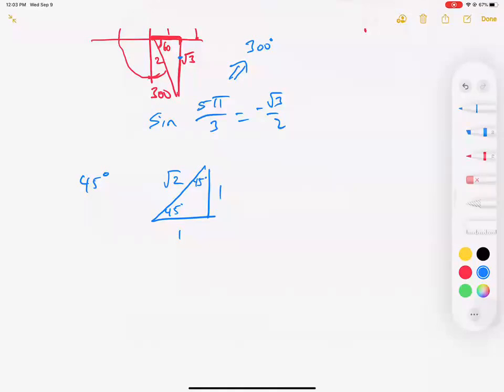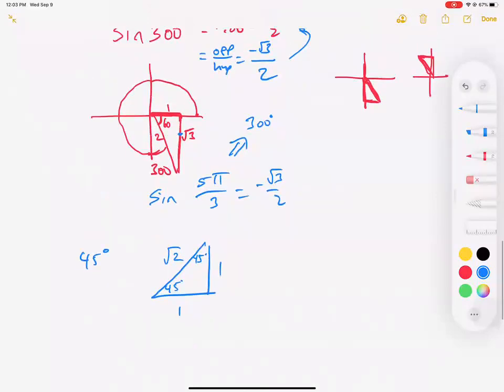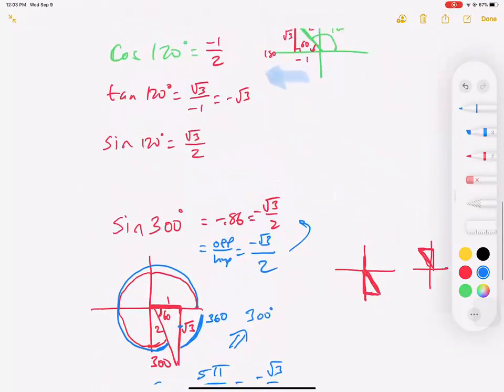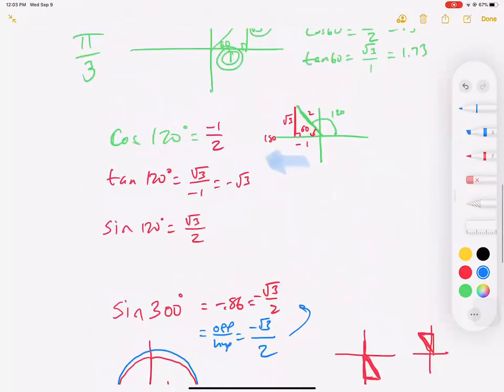How did you know that the reference angle is 60? Okay, so coming back here, if I said 300 degrees going all the way around, isn't a full circle 360? So that's what I needed left to get back to horizontal. Looking at another angle over here, this was 120.